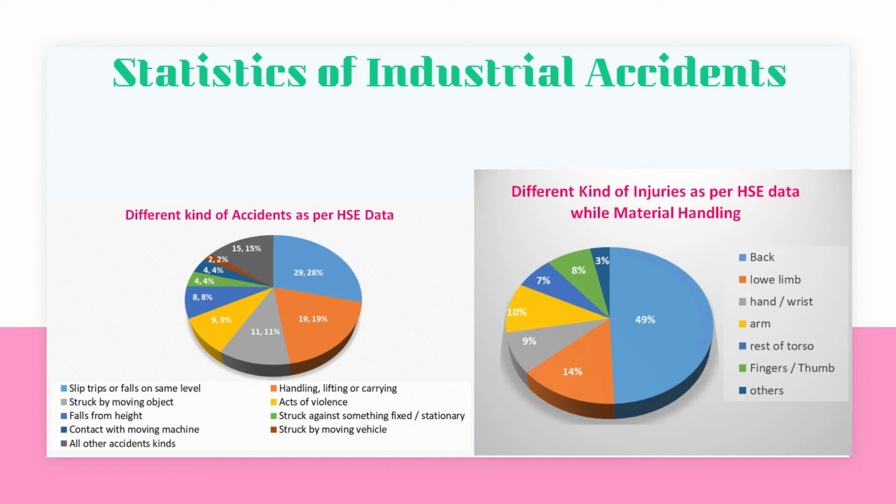We find that 49% is because of the back, then 14% lower limb, 9% hand and wrist, then arm, fingers and others. So the backbone is the one which is very much affected.